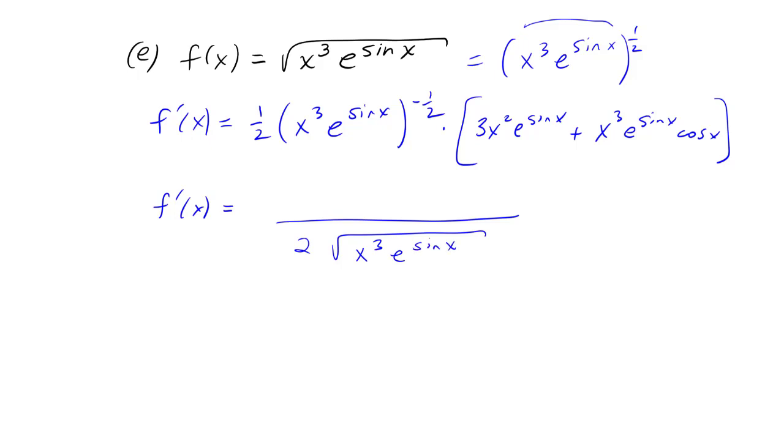In that part in brackets there, we could take out an x squared e to the sine x, and then we'd be left with 3 plus x cosine x. So that's how you might see it written.